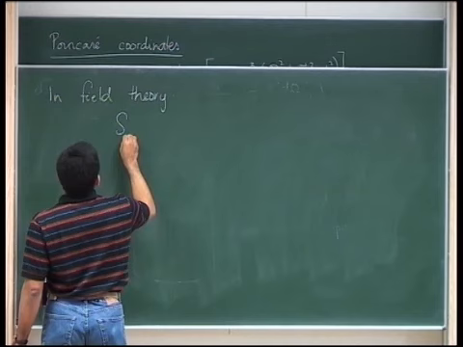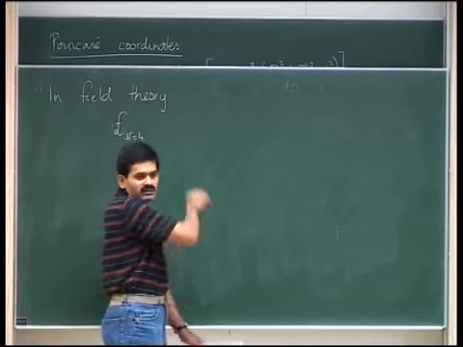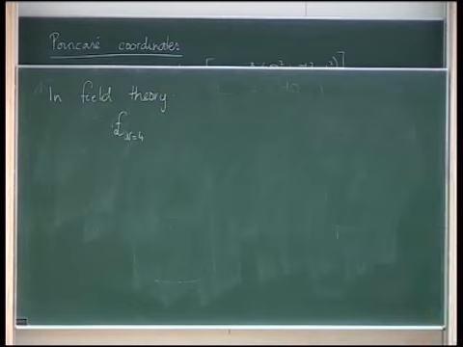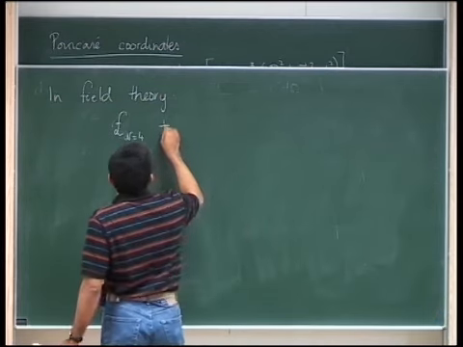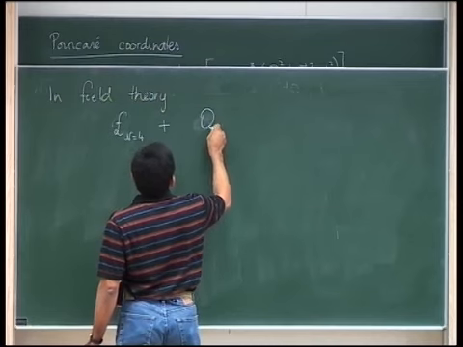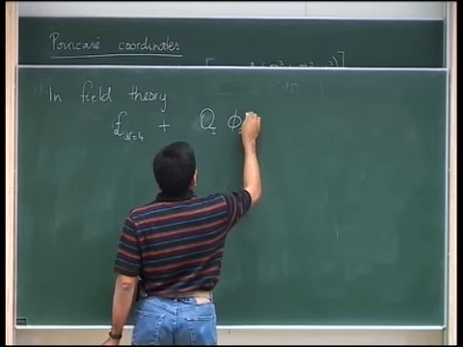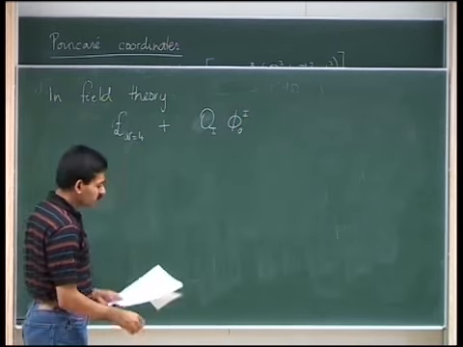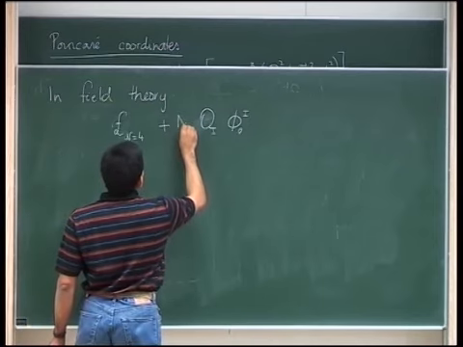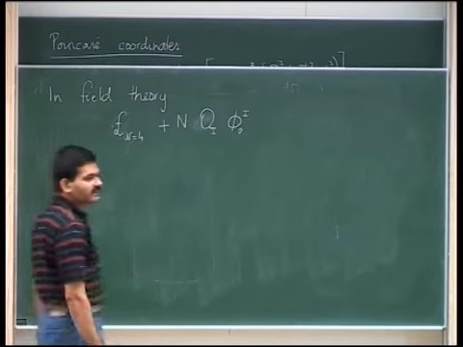You start with, let me write it as a Lagrangian. I start with the Lagrangian of N=4, which I haven't written down and I won't write down, but it's a well known Lagrangian, plus I add to it the operators O_I with some source which I will very conveniently call phi_0, index I. And I'll put a factor of N here for reasons that have to do with large N scaling.